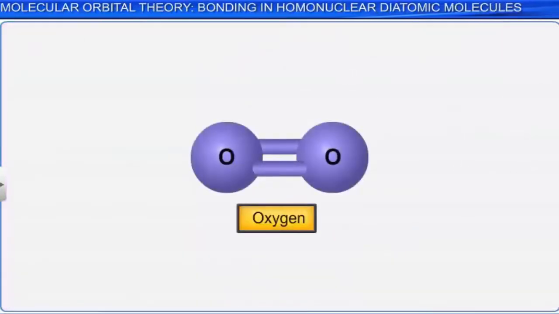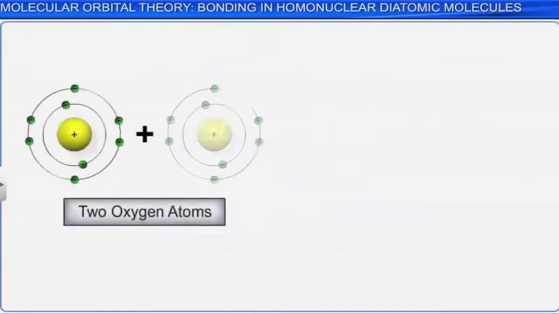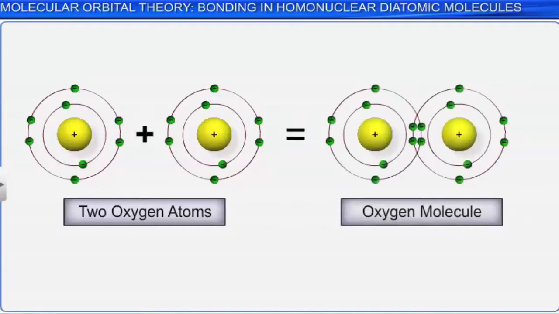Two oxygen atoms combine to form an oxygen molecule. The electronic configuration of an atom of oxygen is 1s2, 2s2, 2p4, and hence there are 16 electrons in a molecule of oxygen.